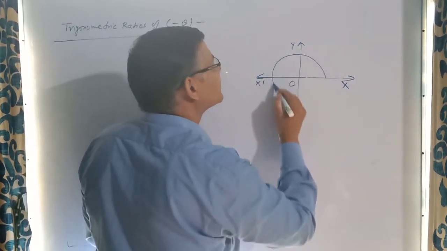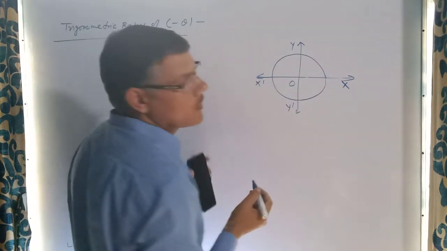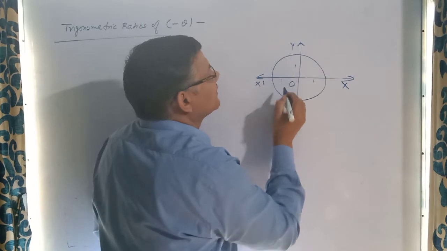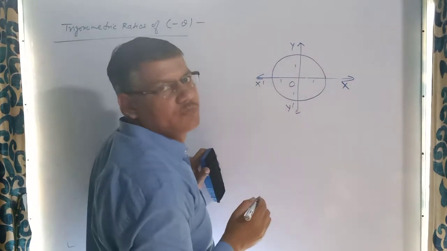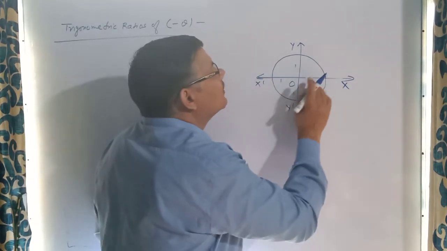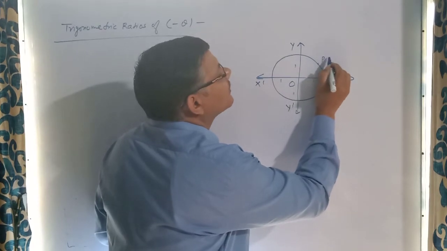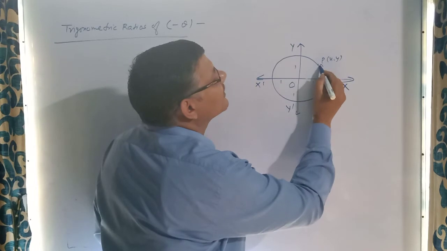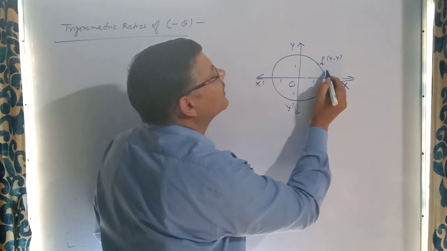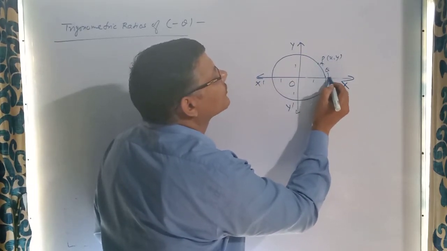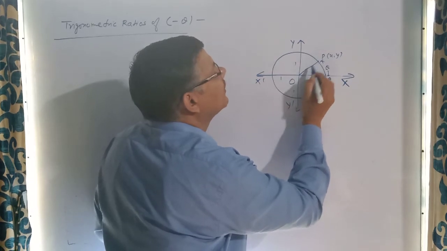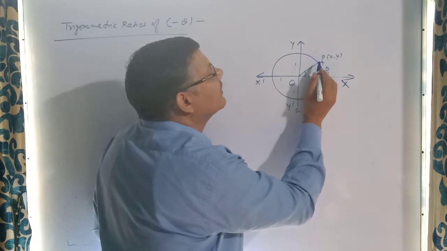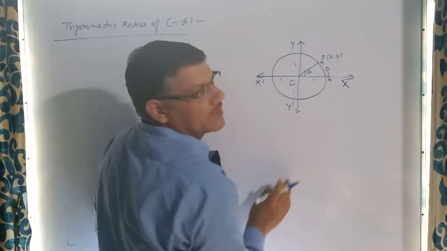Now this is the circle, a unit circle with radius 1. We may take any point P whose coordinates are x, y such that the length of the arc AP is theta. So by using the formula theta equal to L by R, we get angle POA equal to theta.